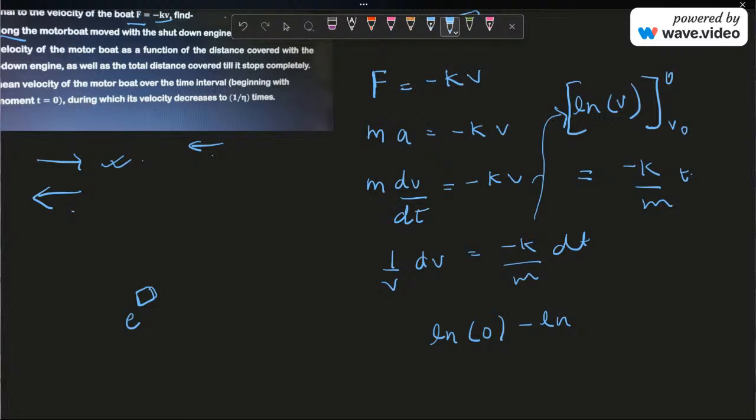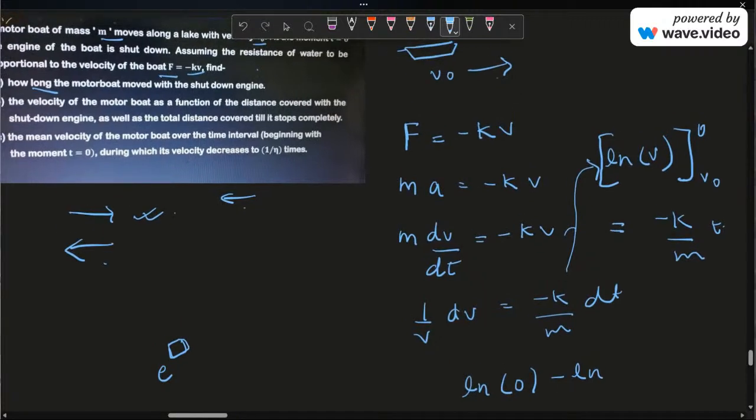dv by dt, minus kv. F is equal to minus kv, mass into acceleration. Mass into dv by dt, yes. Mass into deceleration basically is equal to minus k times velocity, the velocity of the object, so yeah, we can equate it. Minus k by m, 1 by v into dv, and minus k by m into dt.